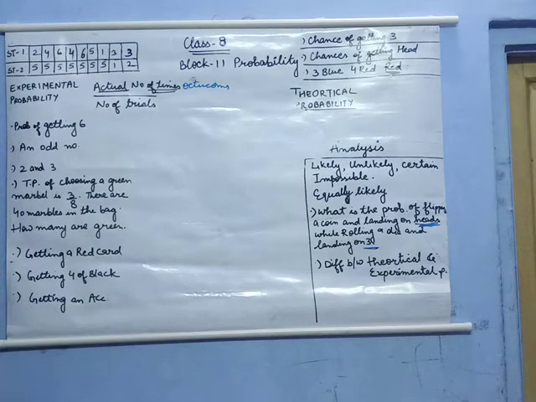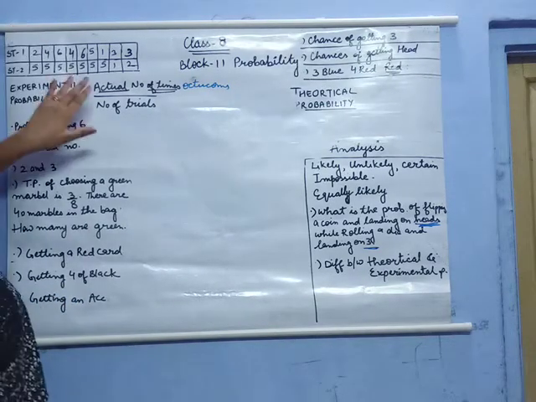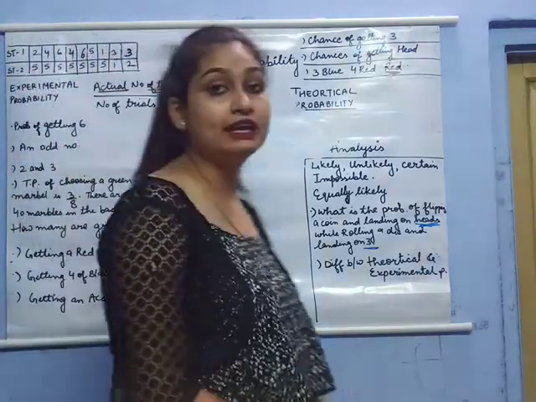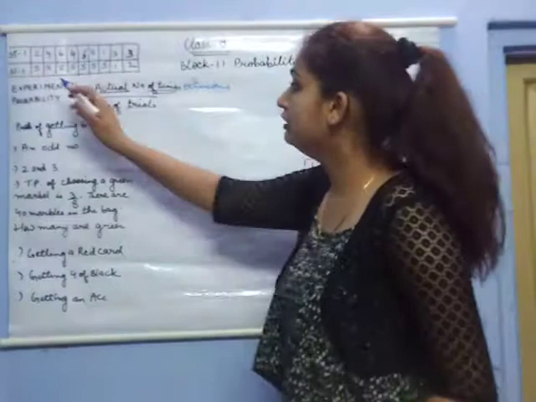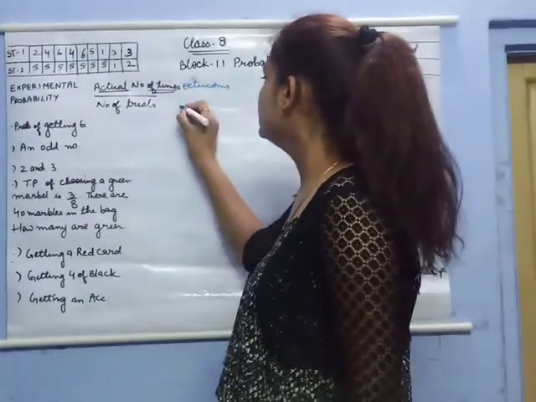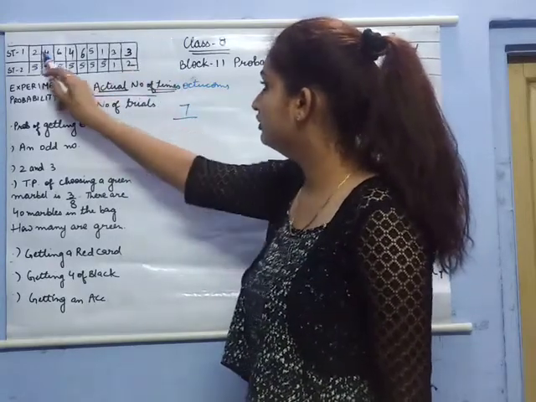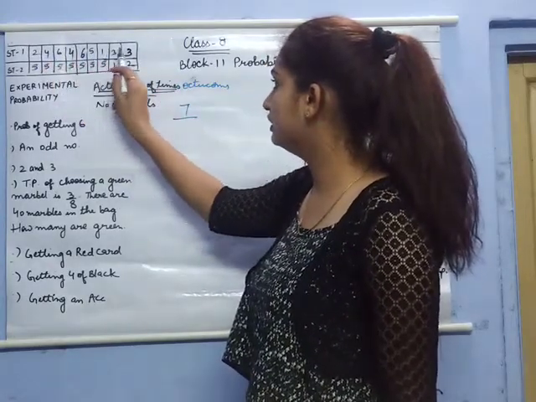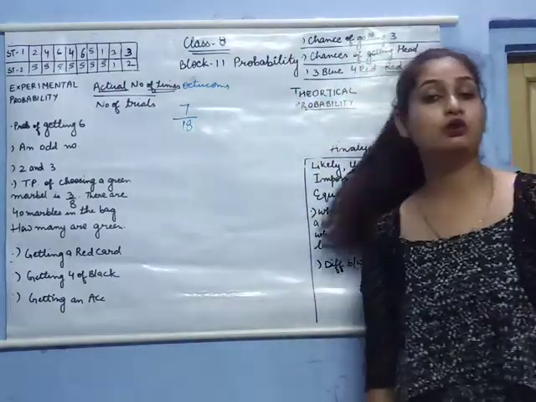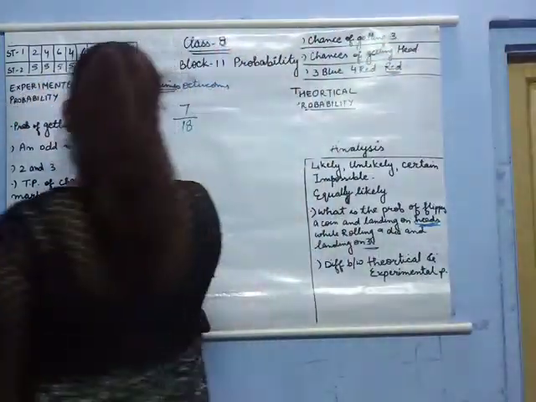Suppose I want to ask what is the probability of getting a 5 over here, how many 5s do we have? 1, 2, 3, 4, 5, 6, 7, 7 out of 18. So 7 out of 18 will be our probability of getting a 5.